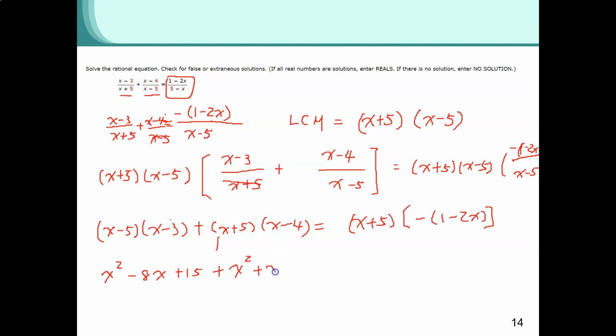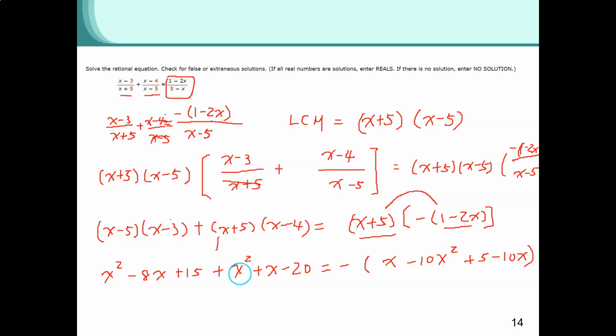We will have plus x, then minus 20. Is equal, I'm going to put a negative sign outside, and then I multiply these 2. So I'll have the x minus 10x squared plus 5 minus 10x.